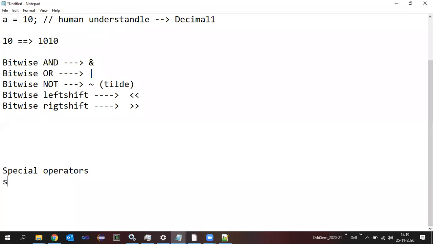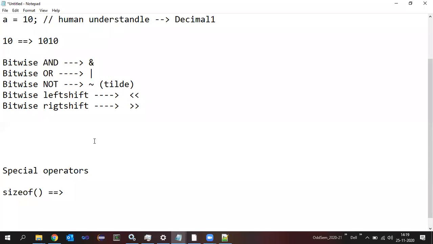Now, the first one we call the sizeof operator. Notice here, sizeof is one word and all are lowercase, all small letters. What is the use of this one? This operator will provide the memory size required by any particular variable.